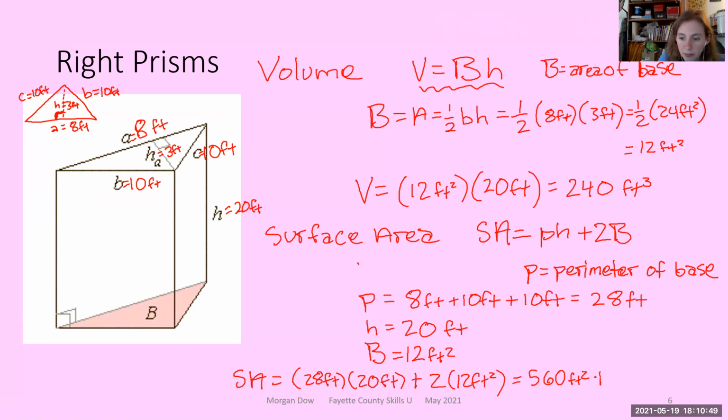So here it's going to be plus 24 square feet. And 560 plus 24 is 584 square feet. So the surface area of this triangular right prism is 584 square feet.